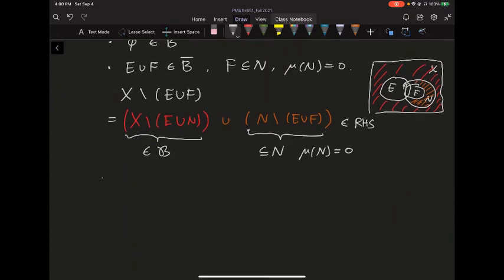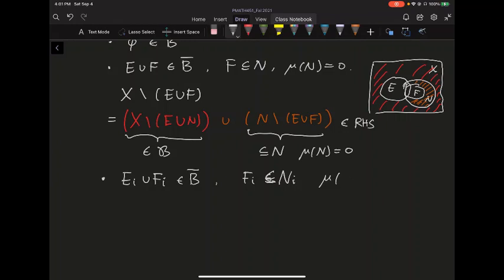And finally, I want to show that it's closed under taking countable union. So let's take E_i union F_i inside this B bar. And here, each of these F_i is going to be inside some null set. It can be different null sets. So let's say it's inside N_i, where mu of each N_i is 0.